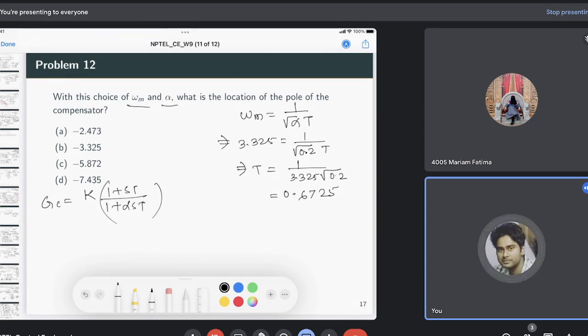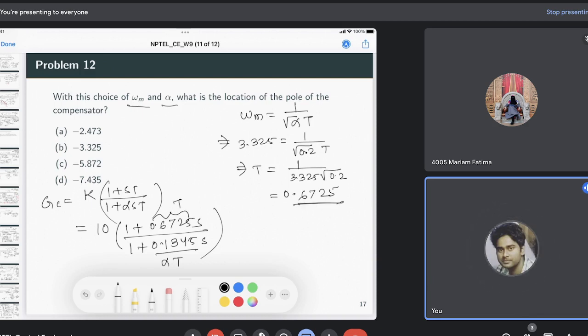So K we already have as 10, T is 0.6725, so the numerator is 1 plus 0.6725 s, and alpha times T is 0.2 times that, so the denominator is 1 plus 0.1345 s. So this is the overall lead compensator.